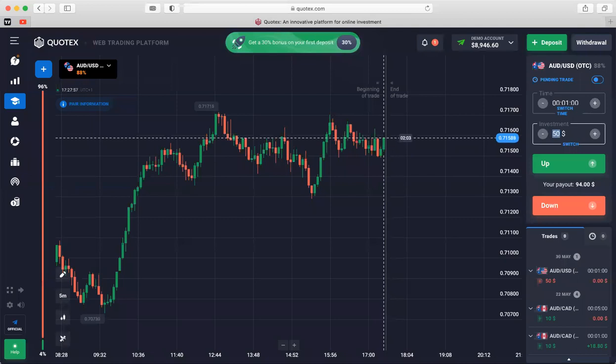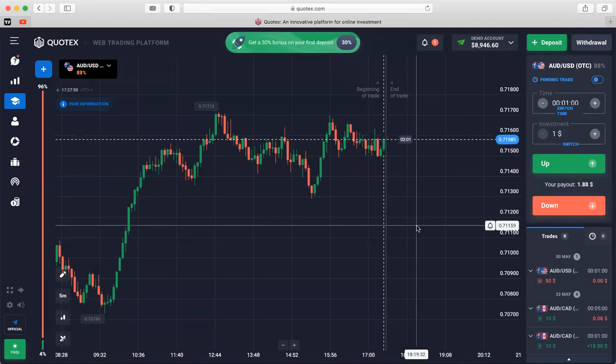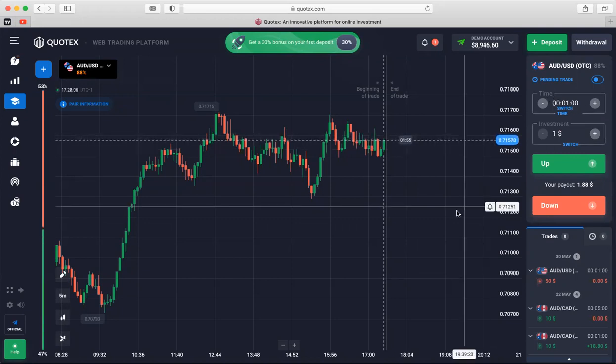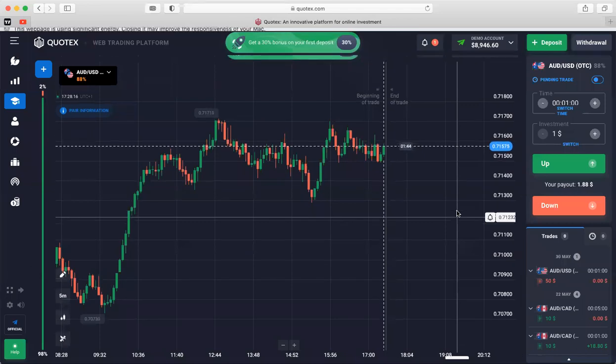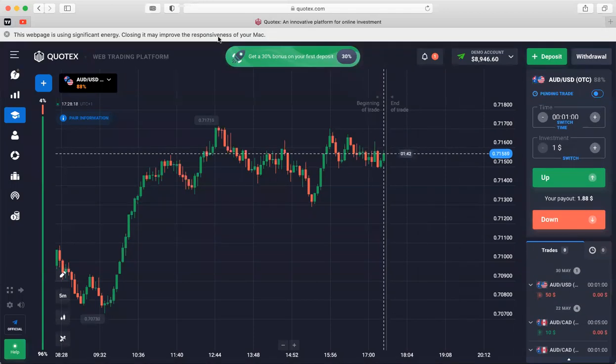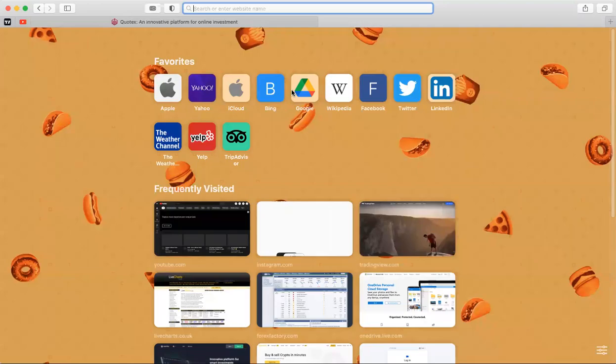Let's say you want to reduce your risk to $1. You invest $1, all right, and you're trading with $1, and you set it there for 1 minute, bearish move. What you've said literally means I'm staking $1. Okay, so let me do that again.